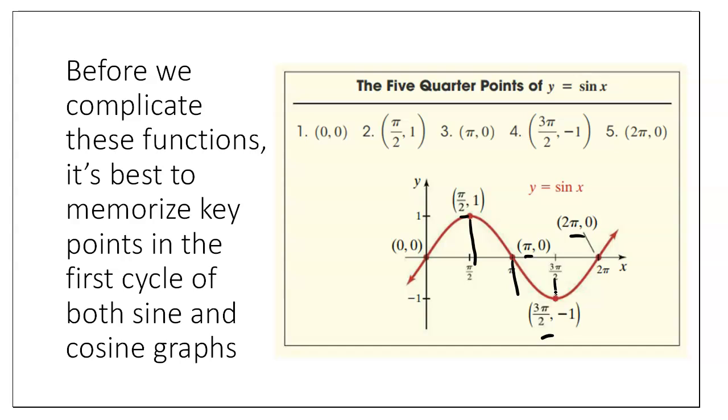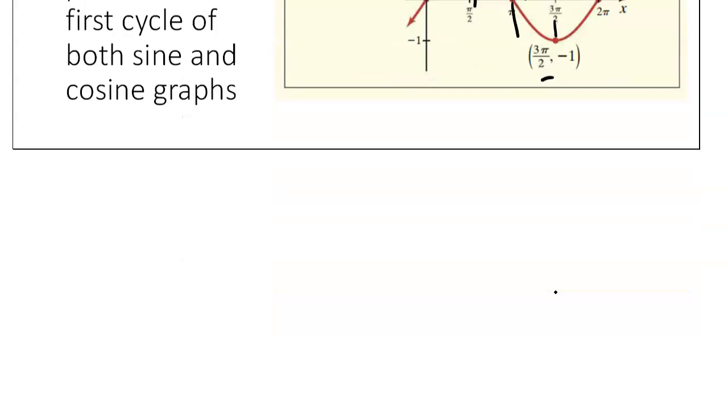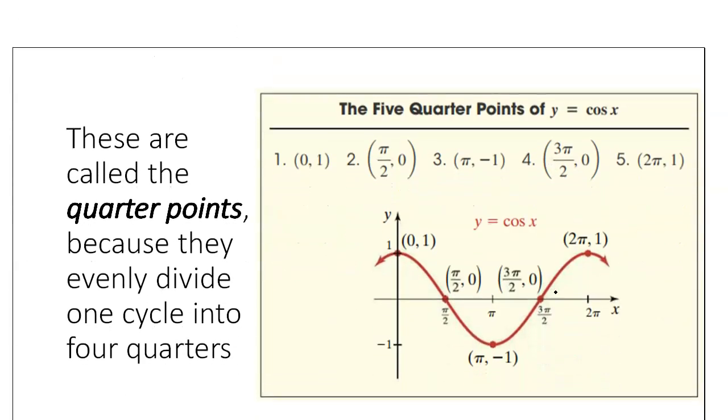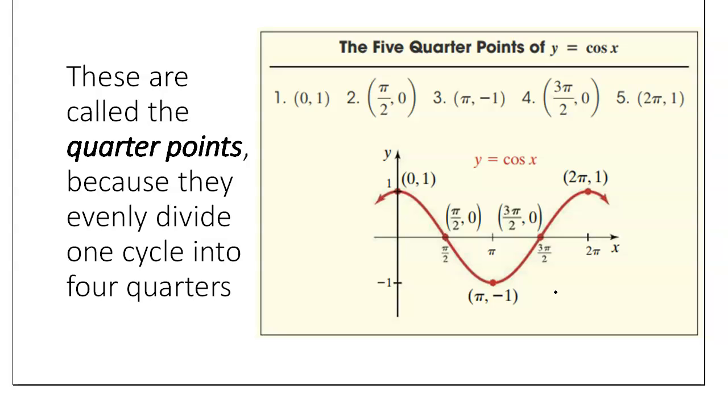But if you memorize these 5 points and are able to apply them to a more complicated situation, then you'll be able to get a rough sketch or a rough idea of what this new, more complicated sine function will look like. And we have the same thing for cosine. If we scroll down, we can look at the cosine quarter points, and these are them. Again, they just evenly divide the sine and cosine function into quarters.